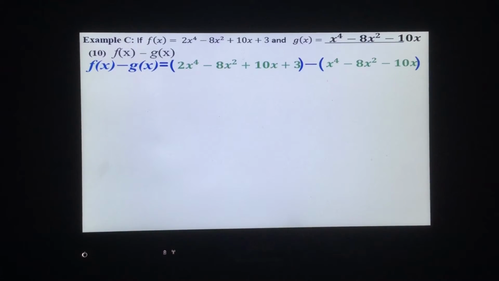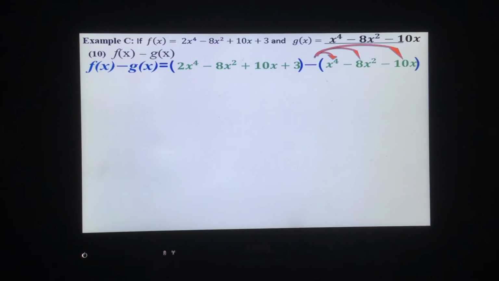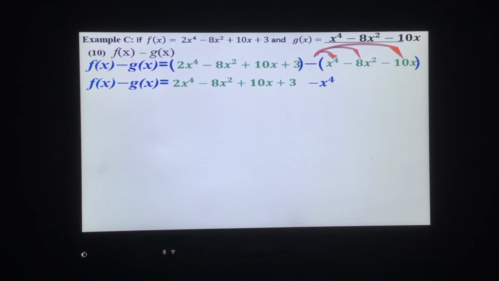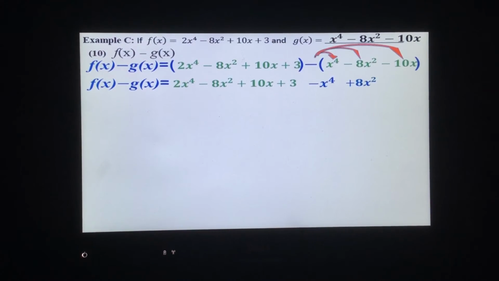Now, the fact that we have a negative there, we need to distribute the negative onto the trinomial. So that's going to change all of the signs. So the polynomial is going to come down, and then negative 1 times x to the fourth is negative x to the fourth. Negative times a negative 8 is a positive 8x squared. Negative times a negative 10, that's going to get you a positive 10x.